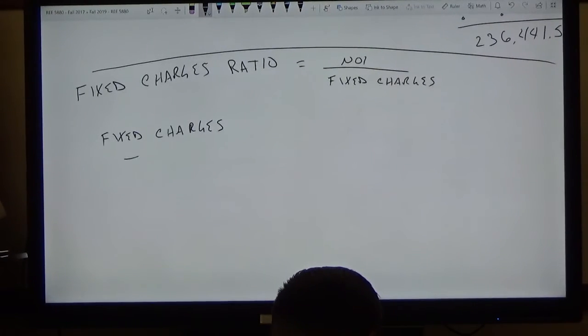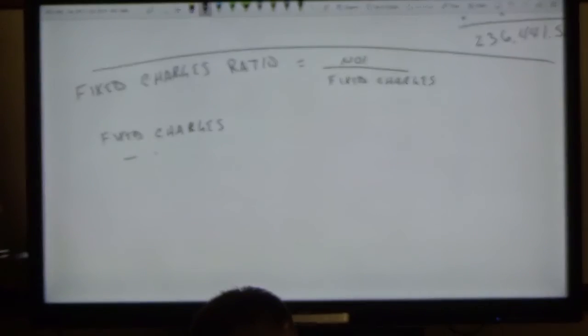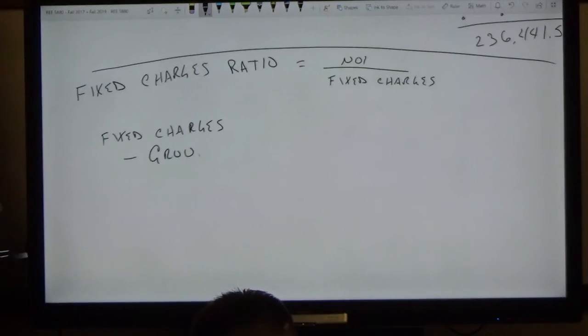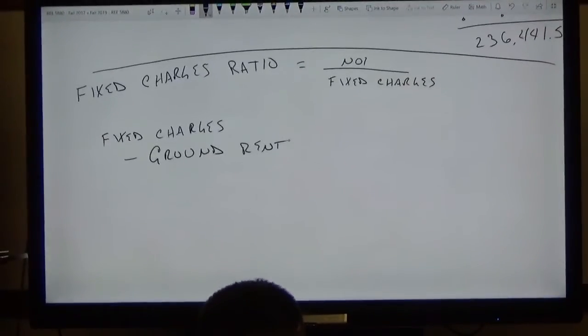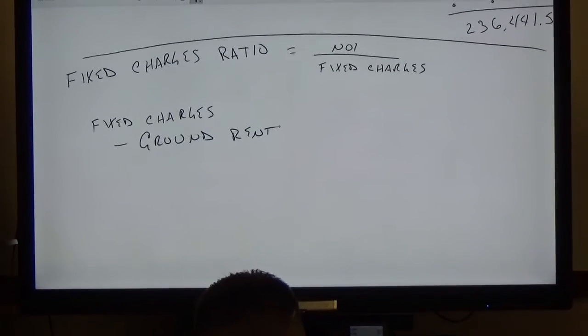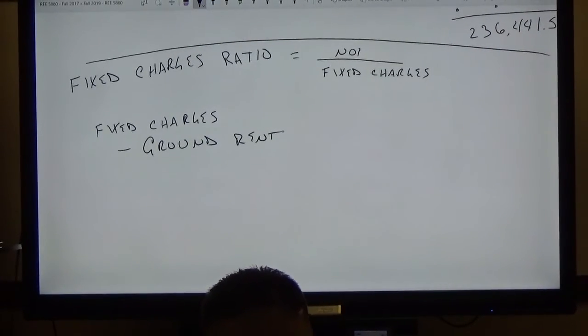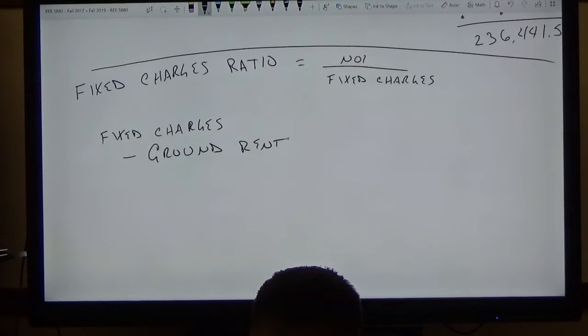Fixed charges could be ground rent, operating lease payments. I wouldn't think they would be operating leases, because these are going to be after your operating income.